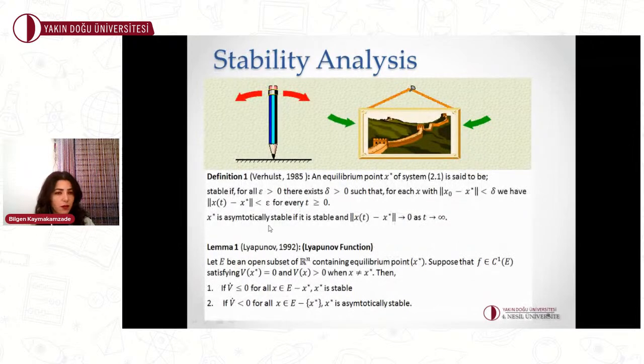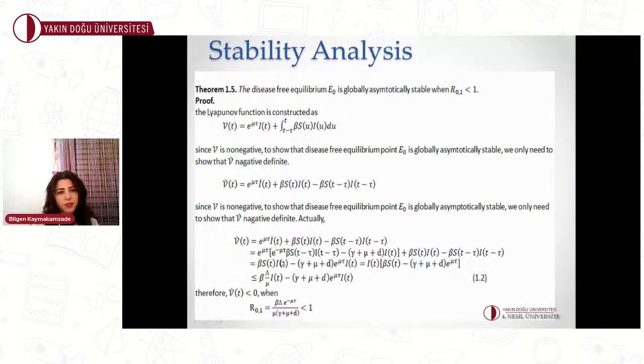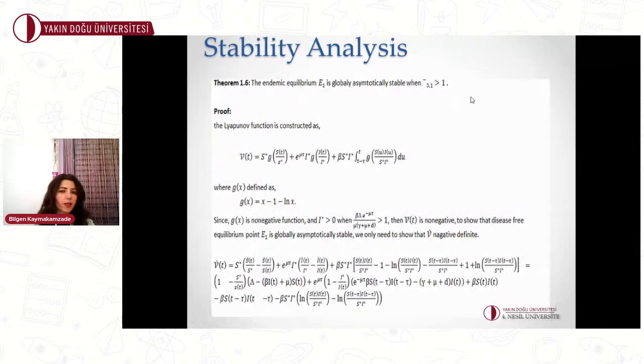Here I gave some mathematical definitions, and we apply this theorem and definition to our equilibrium points, and we gave two theorems. The first says that the disease-free equilibrium is asymptotically stable when R naught is less than 1, which means that we don't have disease. And the endemic equilibrium A1 is globally asymptotically stable when R naught is greater than 1.